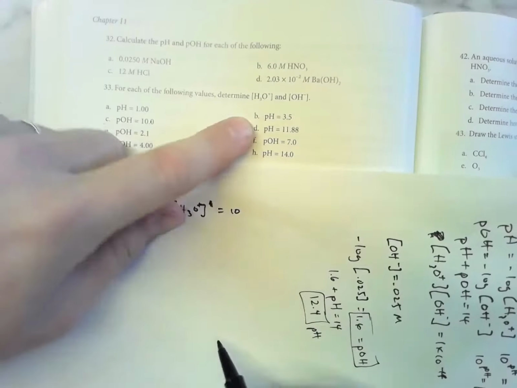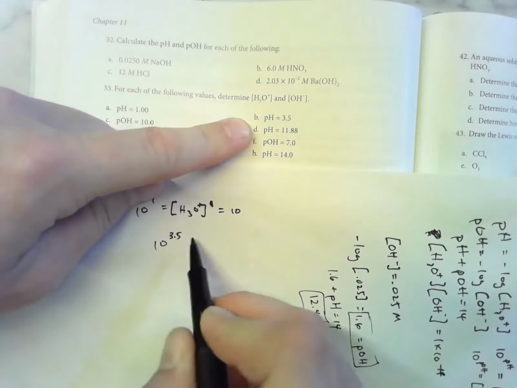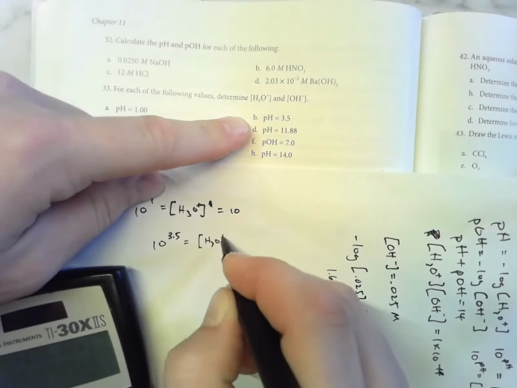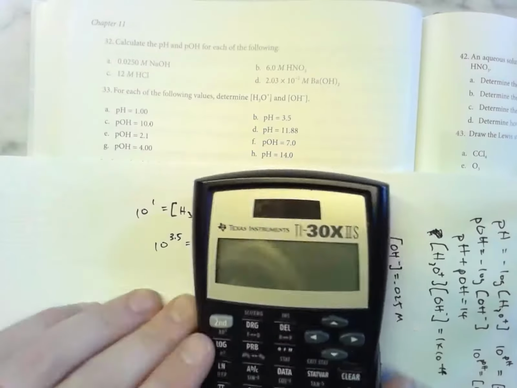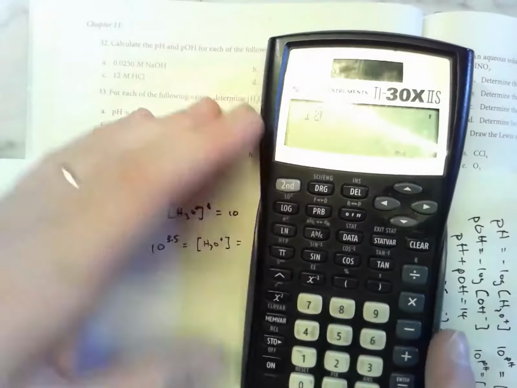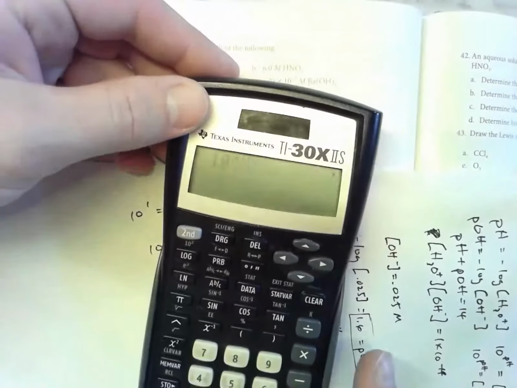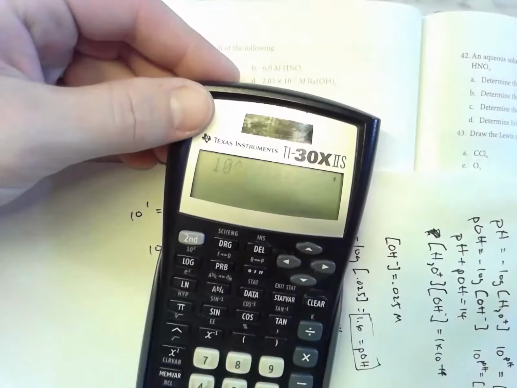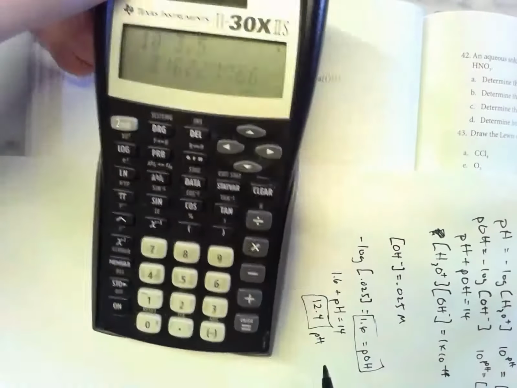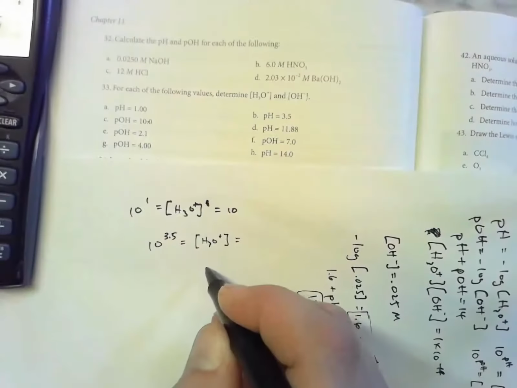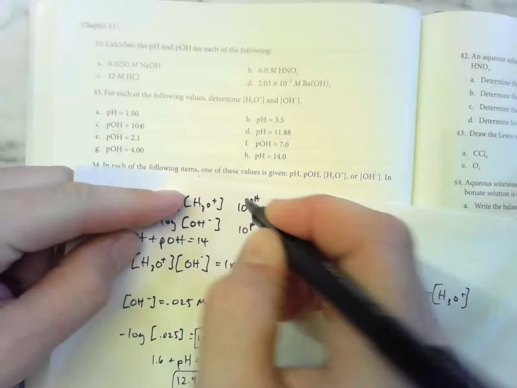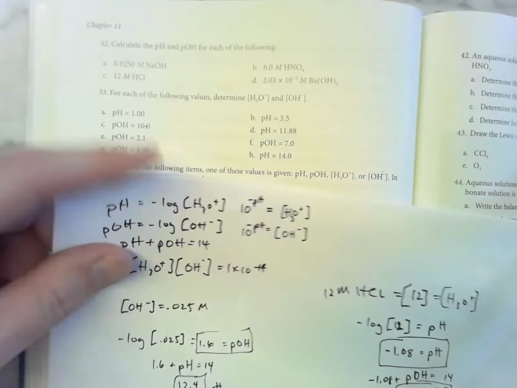10 to the 3.5 is equal to our H3O plus. All right, so then correcting that into proper scientific notation is all it's asking you to do. Sorry, it's glare. 10 to the negative pH, 10 to the negative that.